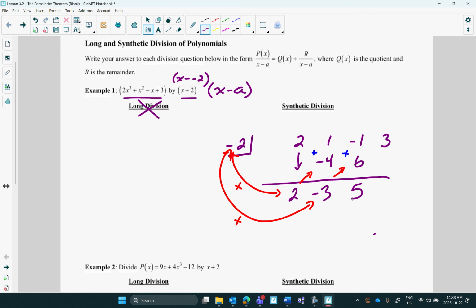Five. One more time. You can see it's kind of similar to long division, but it's not as complex looking. That answer goes here, so -2 times 5, -10, add gives us -7.